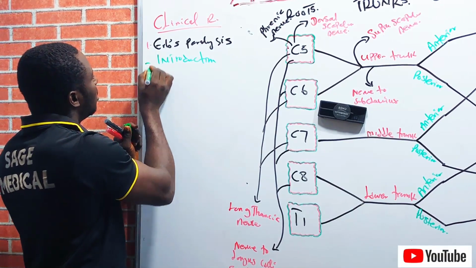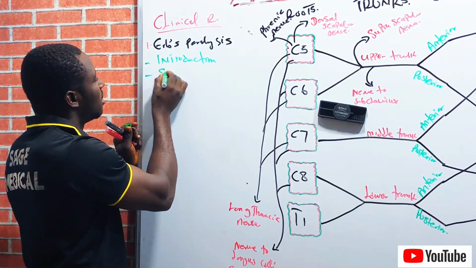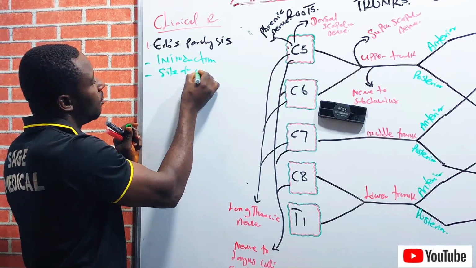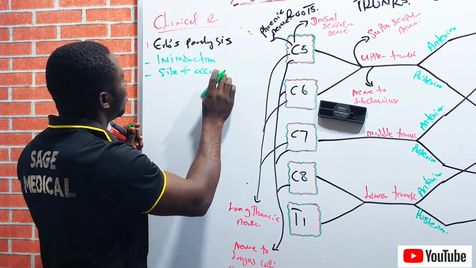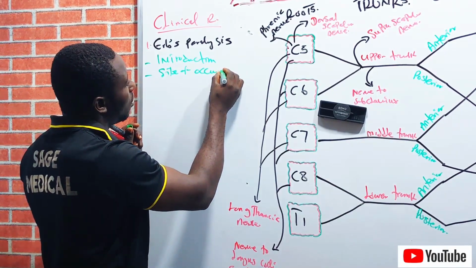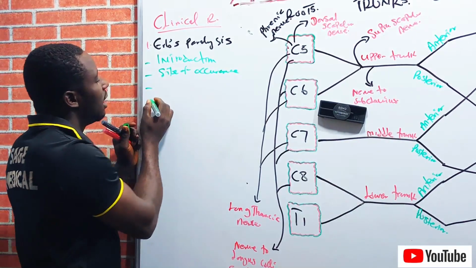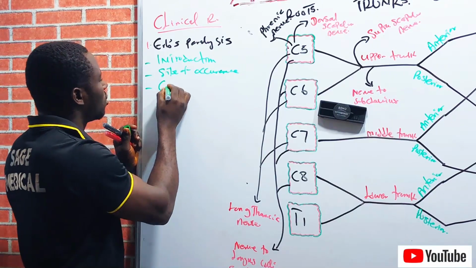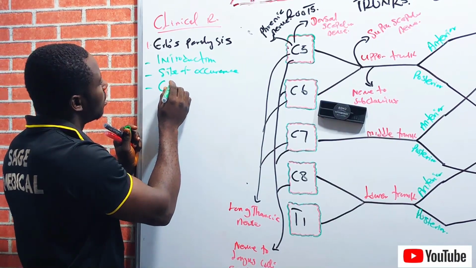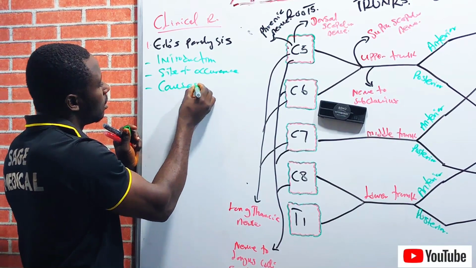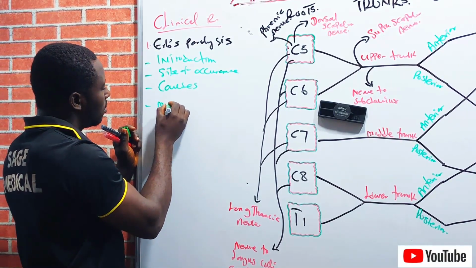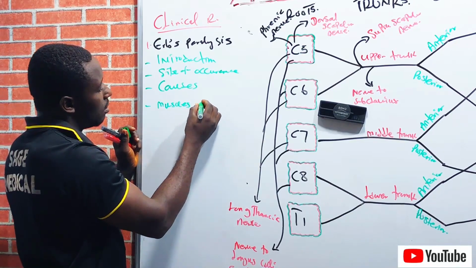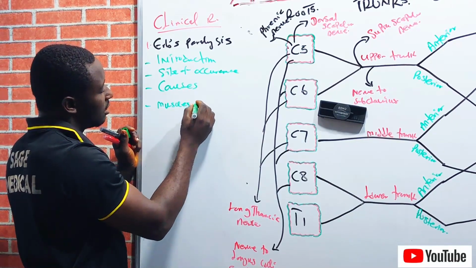The next is site of occurrence. The next is cause and muscles involved or paralyzed.